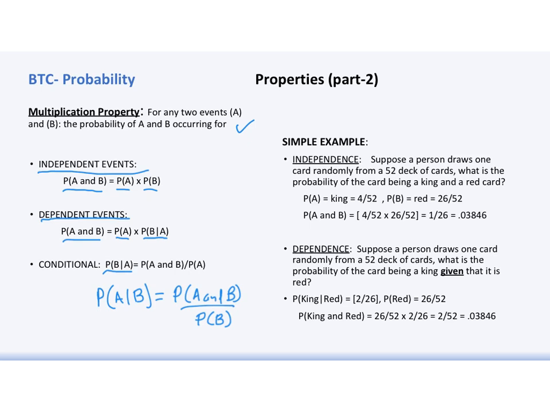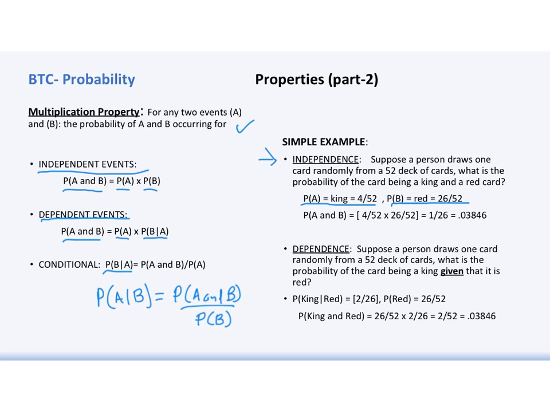Some simple examples, under independence. Suppose a person draws one card randomly from a 52 deck of cards. What is the probability of the card being a king and a red card? The probability of a king is 4 out of 52, and the probability of a red card is 26 out of 52.